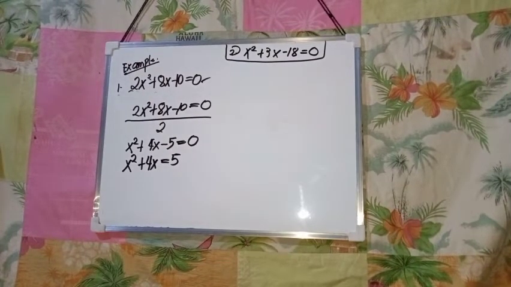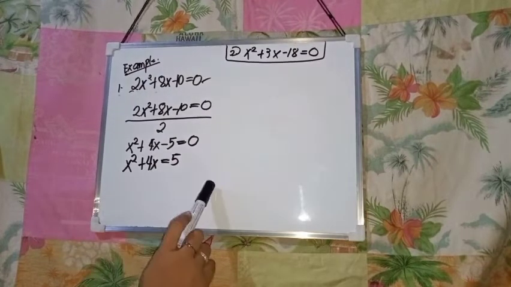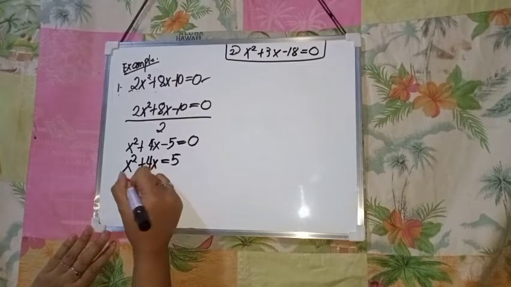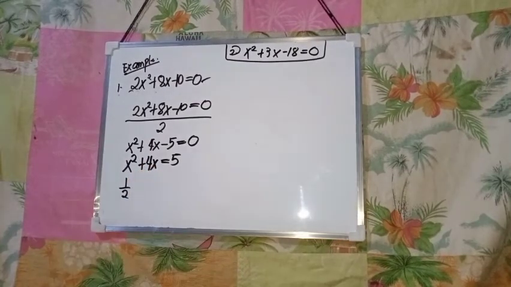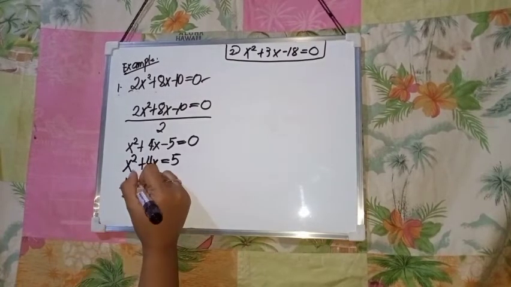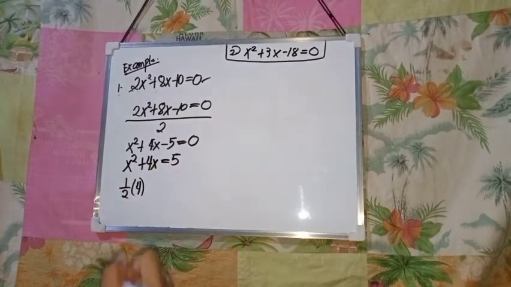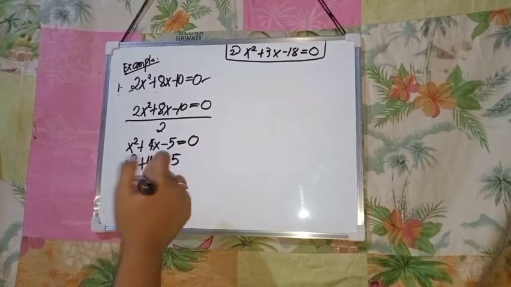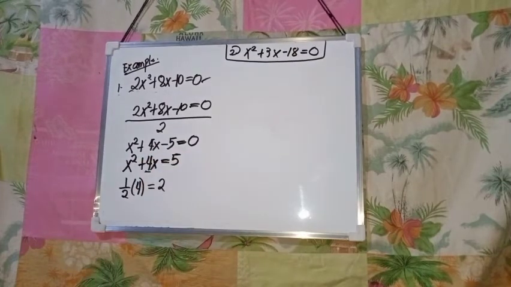Next, add the square of 1/2 of the coefficient of x on both sides, to this side and to this side, to become a perfect square trinomial. So 1/2 of 4 is 2.